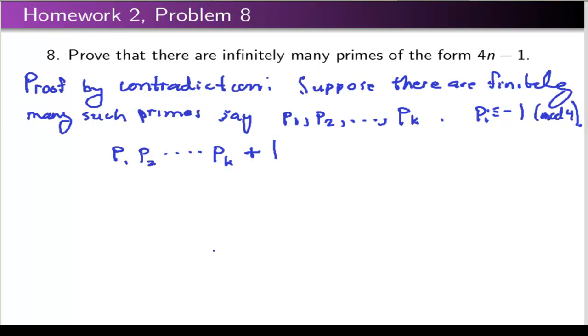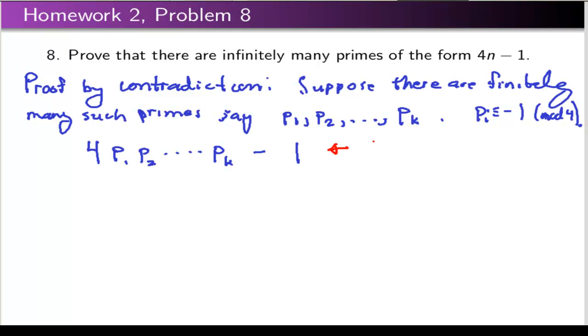So I have to do a little bit more than that. I want to come up with an integer that's congruent to -1 mod 4. So to write down a number that's congruent to -1 mod 4, I'll put a 4 here and subtract 1. Okay, so that's the strategy.